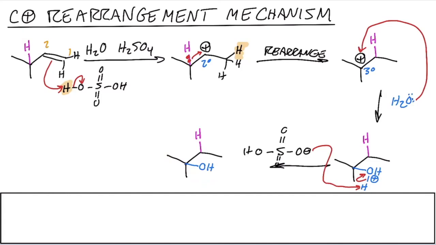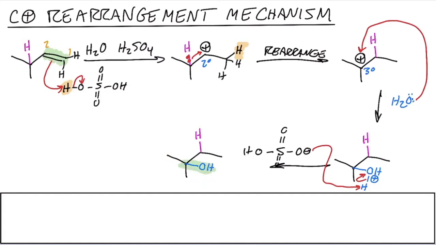So this is something that you need to be suspicious of anytime you're asked to draw a mechanism that seems like it doesn't quite make sense. If we think about what we've already learned about alkenes and additions to alkenes, here's our alkene. It shows up between carbons 1 and 2, but our product has this alcohol here on carbon 3.